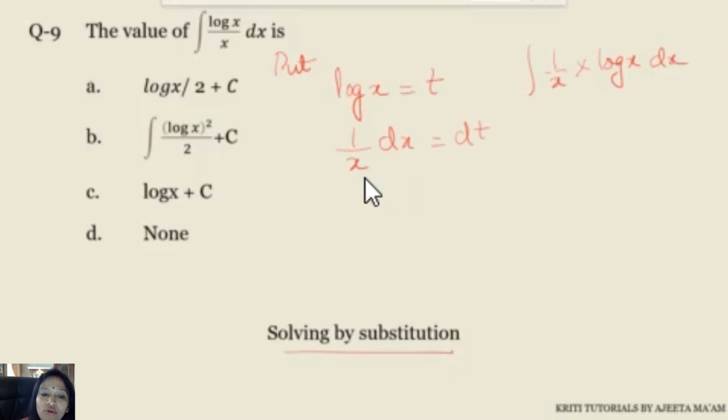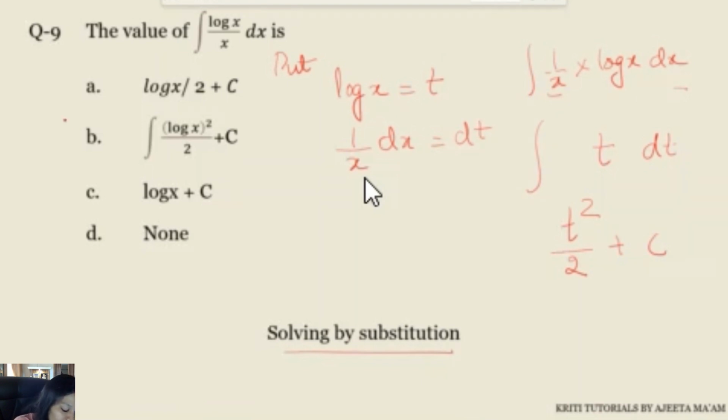Right? Now we are going to convert the entire given function into t. So now 1 upon x dx is dt and log x is t. Now everyone can integrate it with the help of a simple rule. So what we will get is t square by 2 plus c. Now the final answer has to be given by resubstituting in terms of x. So what do we get?